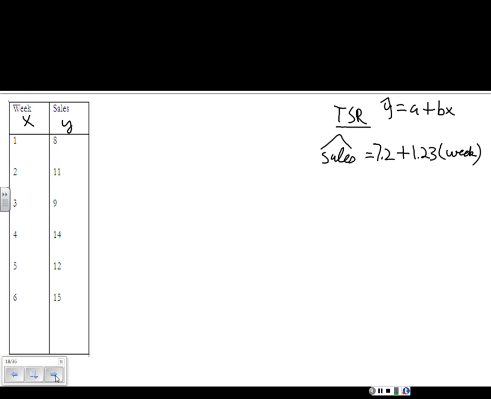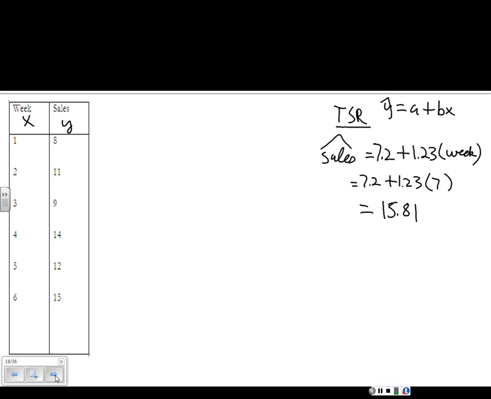So we're just going to put 7 into that. 7.2 plus 1.23 times 7. And that's equal to, I got 15.81. And so that's the forecast using the time series regression.